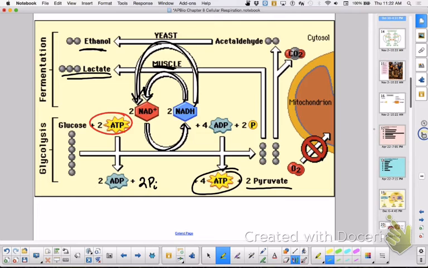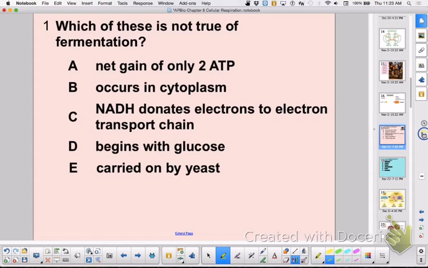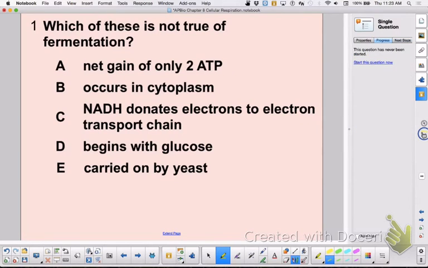Slate, this is yours, go. Fermentation inputs. All right, be yourself. Here you go. Be yourself.